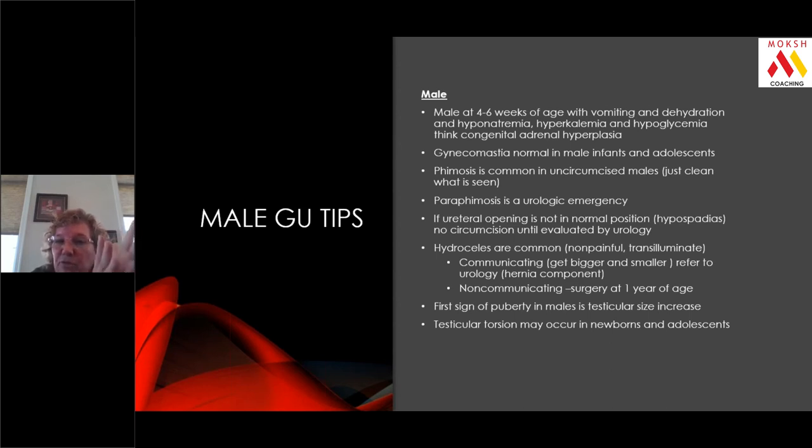So what happens is they make it to 4 to 6 weeks of age, and they usually show up with very bad vomiting and dehydration. What else did I show you could show up at 4 to 6 weeks of age with non-bilious projectile vomiting? Very good. Pyloric stenosis. Excellent. What were the lab studies I told you about you would find with pyloric stenosis?